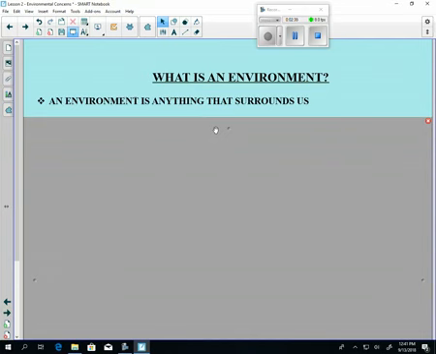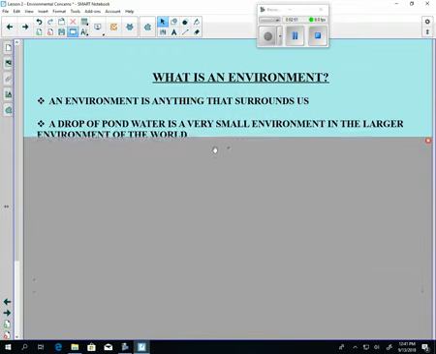So we can look at what surrounds us right in this classroom, and what surrounds us in the city, and what surrounds us in this country, and what surrounds us on this planet. Because everything in that, small to big, affects the way we live. So it could be a little drop of pond water.